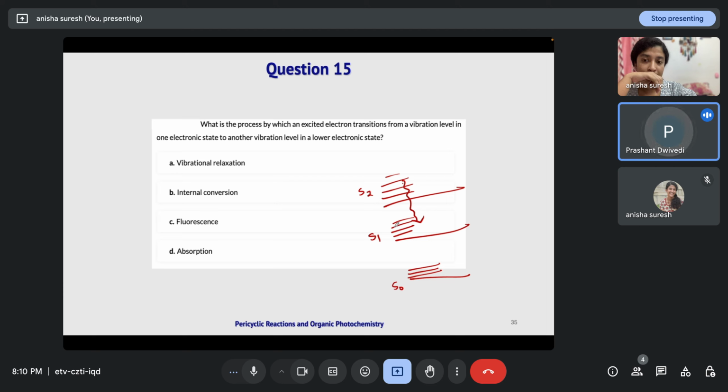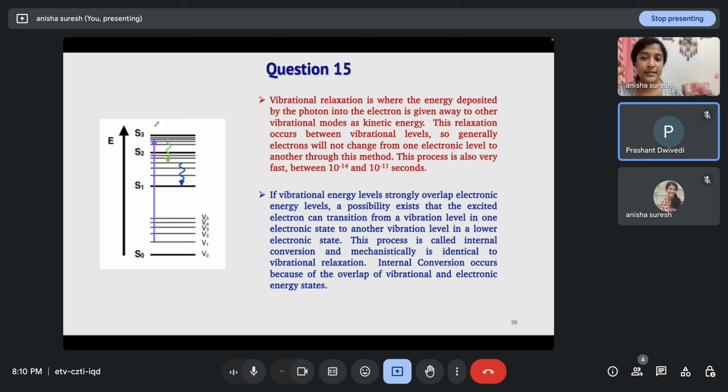And vibrational relaxation is taking place in the same electronic state. From one vibrational level to another vibrational level of the same electronic state, that is known as vibrational relaxation. From one vibrational level to another vibrational level of a lower electronic state, that is known as internal conversion.